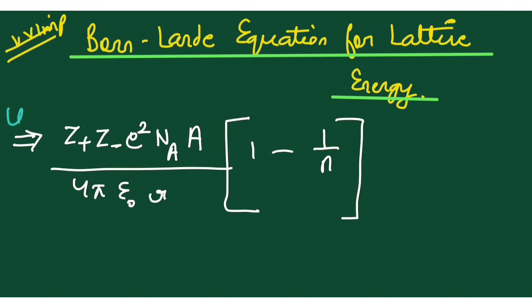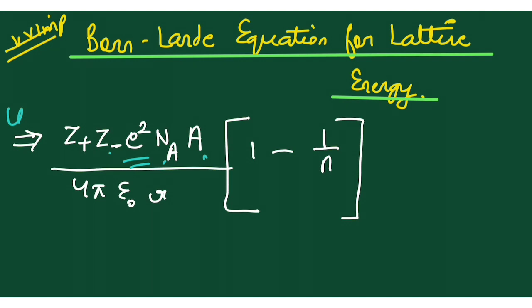The formula is given by Z plus Z minus E square NaA upon 4 pi epsilon naught R, bracket 1 minus 1 by N.